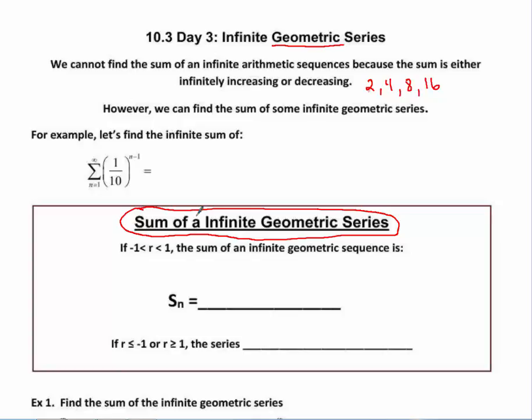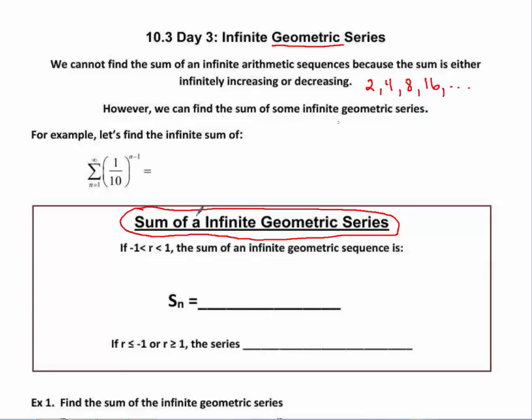Can we add that up? Well, no, because it'd be 2 plus 4 plus 8 plus 16, and if we kept going, our numbers would just keep getting so big, so fast, that we'd never be able to figure out what it finally stops at if it goes on forever. If we just went from 2 to 16, we could add that up, but to add it up infinitely, we wouldn't be able to do.